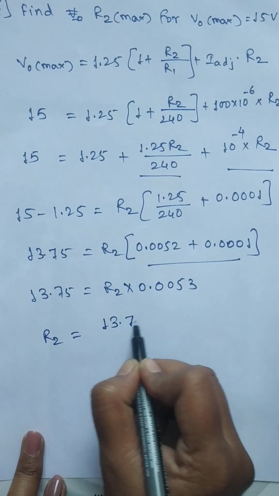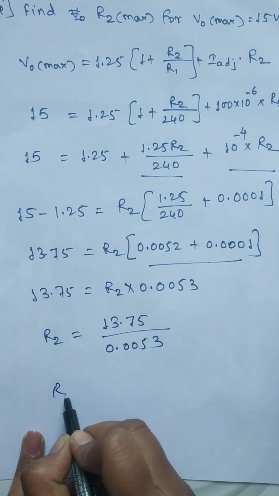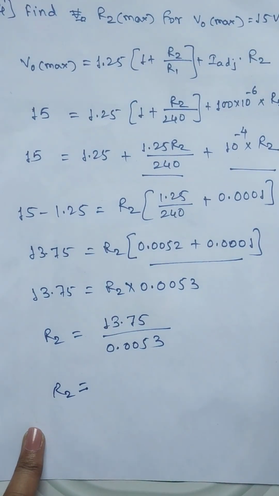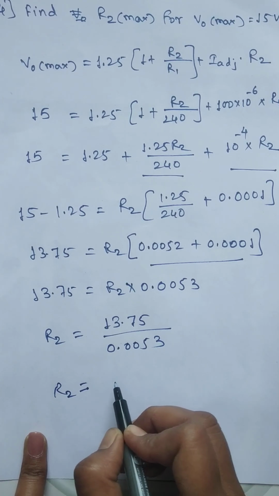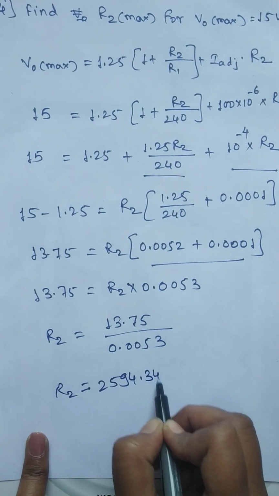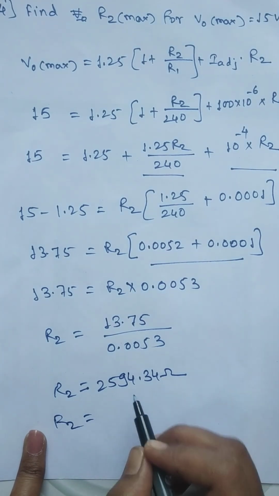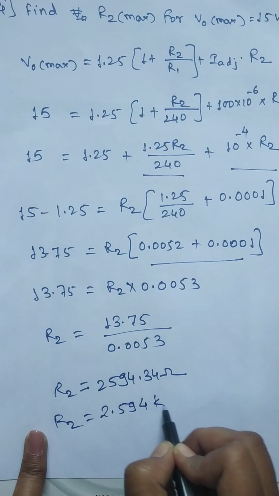So the value of this will come as 2594.34 ohm, means you can convert it into kilo ohm, so it will be 2.594 kilo ohm.